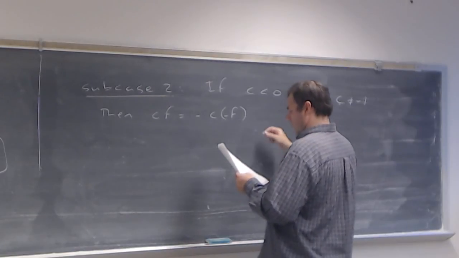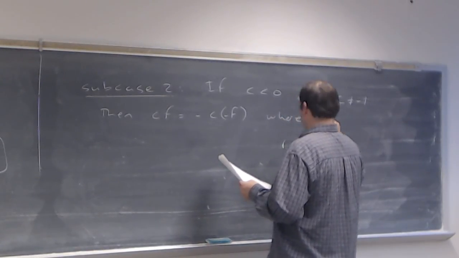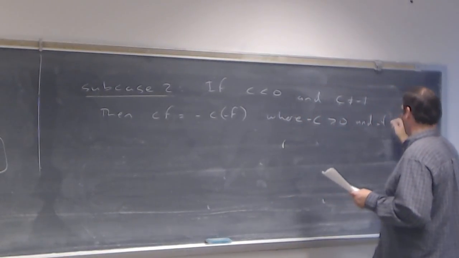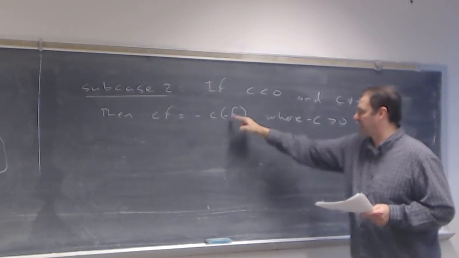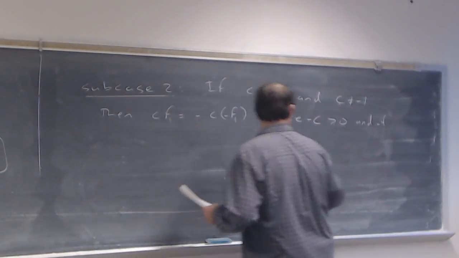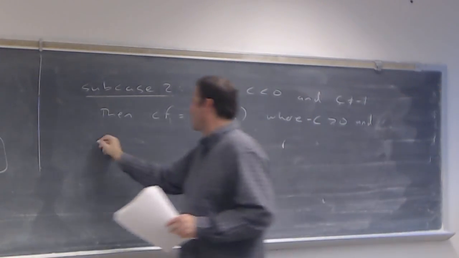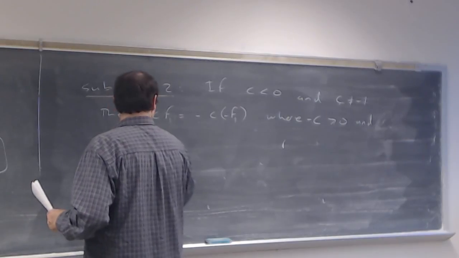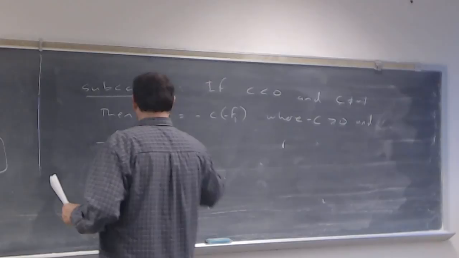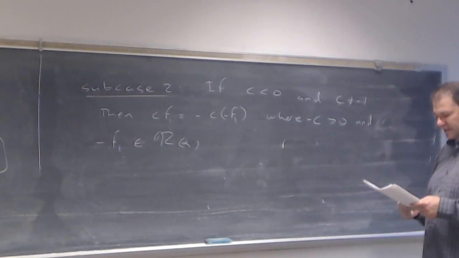And so that's where c, or I should say minus c, is going to be greater than 0, and minus f, we've already shown, I mean, this is minus 1 times f, and f, let me put f sub 1 to be consistent, minus f sub 1 right down here is going to be an element of Riemann integrable functions, because f sub 1 was, and we just showed that in subcase 1 of this case 3.